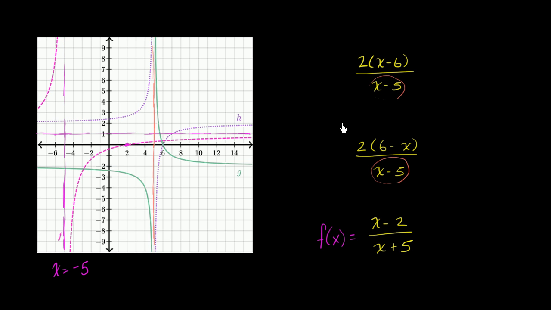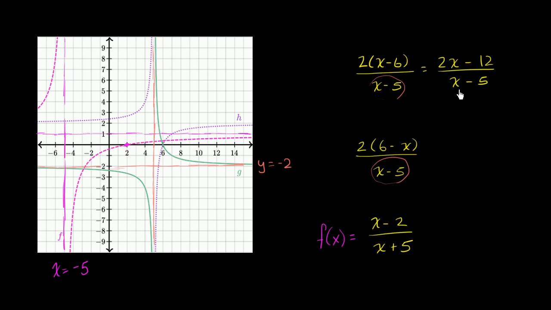So let's see if the horizontal asymptotes could help us. It looks like g has a horizontal asymptote at y equals negative 2. If x becomes very positive or very negative, it looks like y is approaching negative 2. So what's happening for this top one? If we expand out the numerator, this is equal to 2x minus 12 over x minus 5.